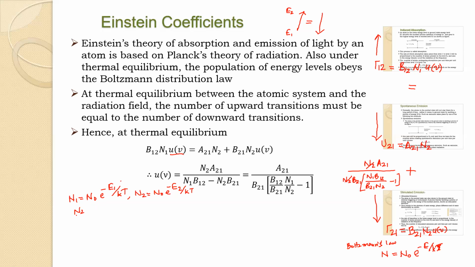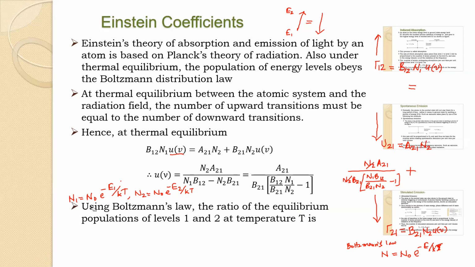Using the Boltzmann distribution, N2 by N1 is equal to e raised to minus of E2 minus E1 divided by KBT, where KB is the Boltzmann constant.